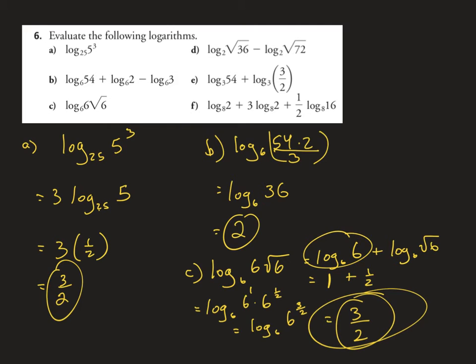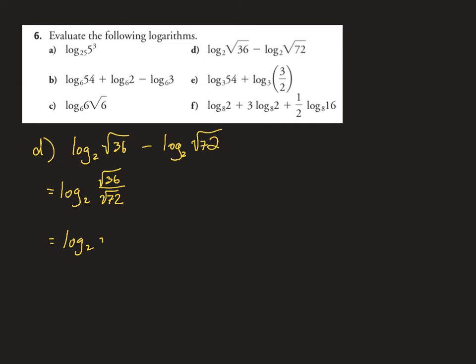Let's do part D. Right, so we've got log base 2 of root 36 minus log base 2 of root 72. So that's going to equal the log base 2 of root 36 over root 72, or we can rewrite that as the log base 2 of root 1/2.